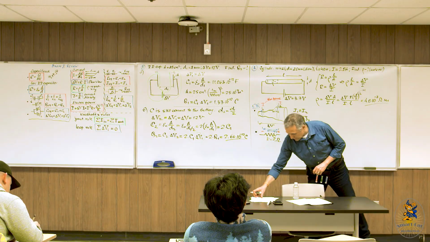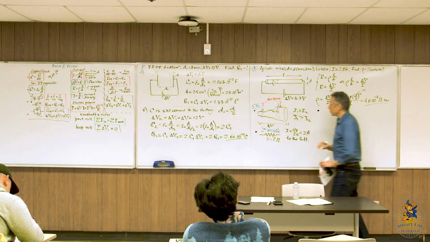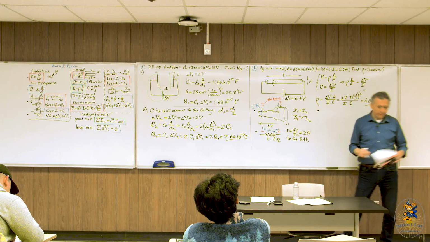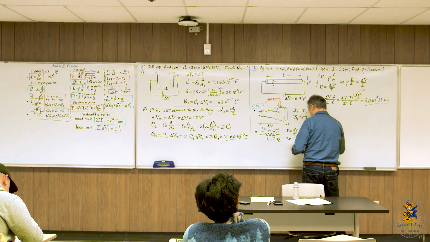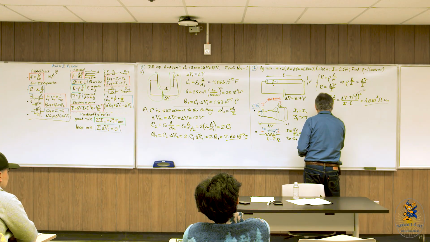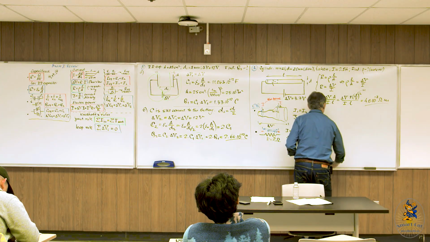Okay, now next. Again I will put a new bullet, so 1, 2, 3. What if I give you this part of the circuit? Here I have one, what an ugly resistor.